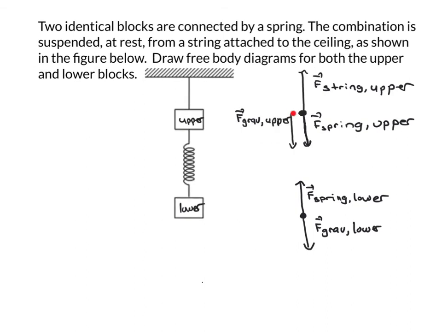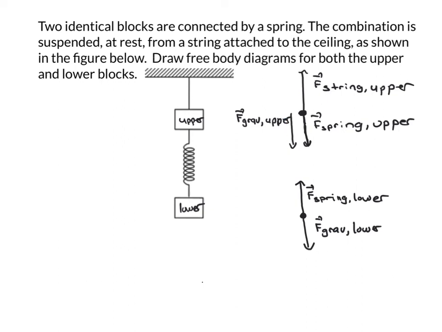And you notice that I've drawn the length of this arrow to be the same as the length of this arrow. And if you follow through our logic, you'll see why that is. We've argued that this arrow is the same length as this arrow, and that this arrow must be the same length as this arrow because of the way springs work. So therefore, it follows that these two arrows have the same length.